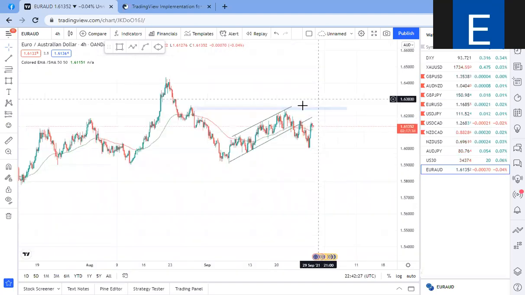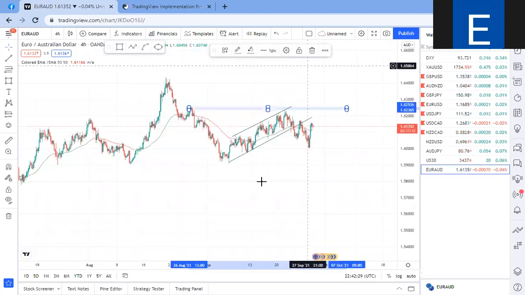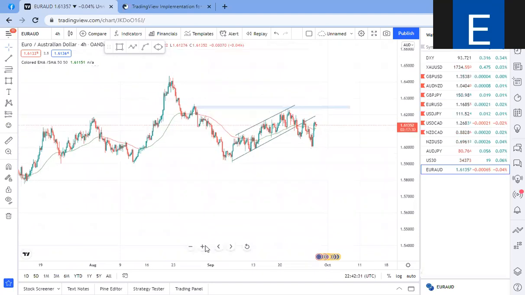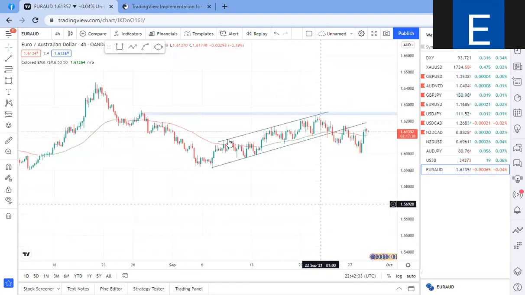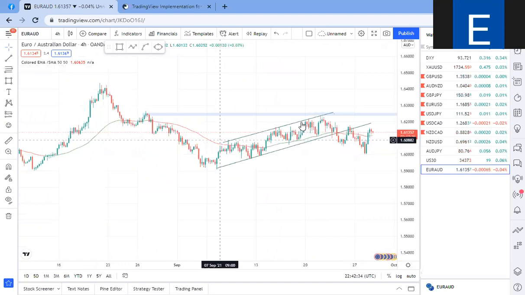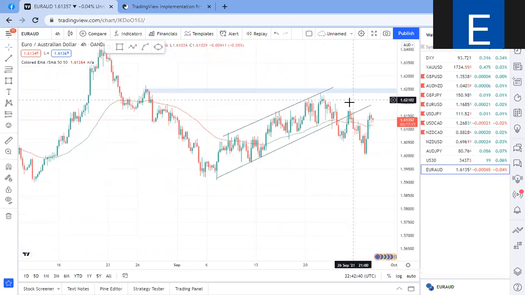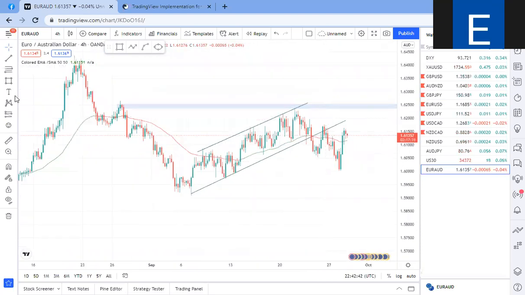First touch, second touch, third touch, and even a fourth touch. Probably I would have gotten stopped out on this one in profits though, because this would have been my entry. This was the third touch that I was actually anticipating.